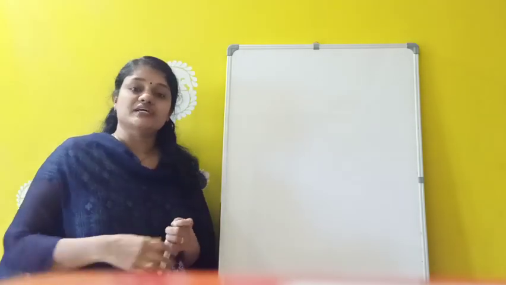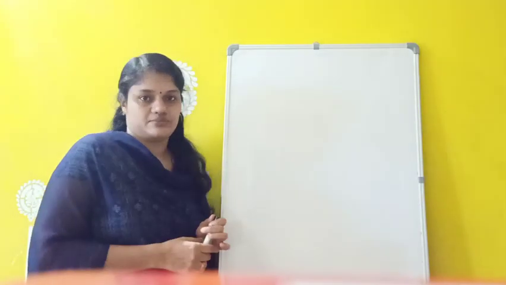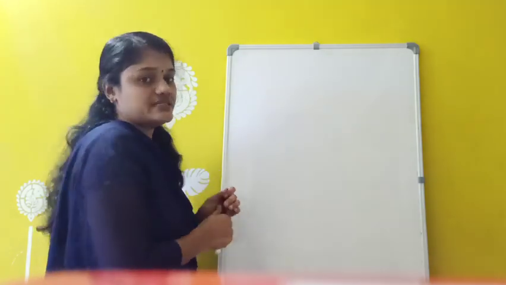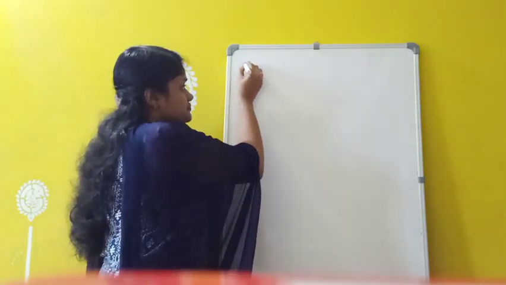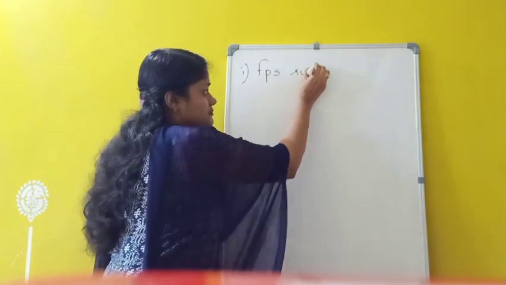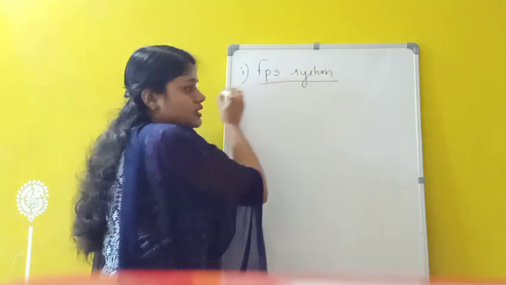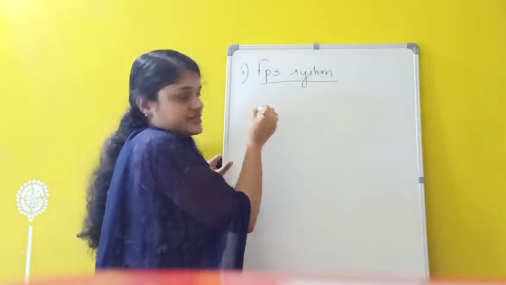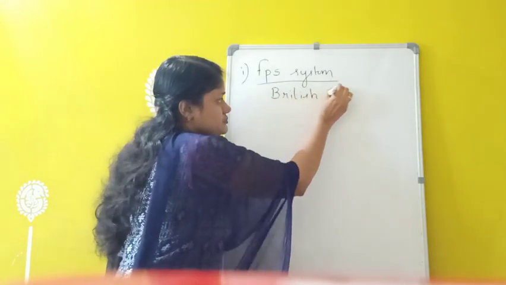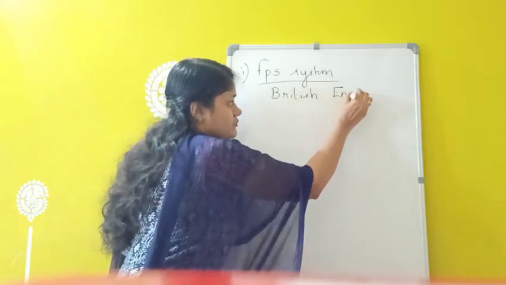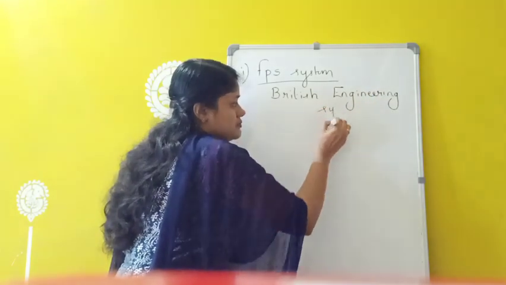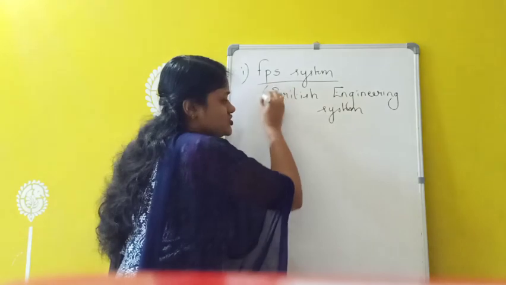I already told you the size of unit will change for different systems. So in this chapter we are dealing with 4 main systems. So first one is FPS system, or its other name is British Engineering System.